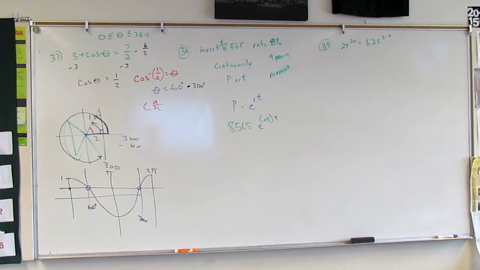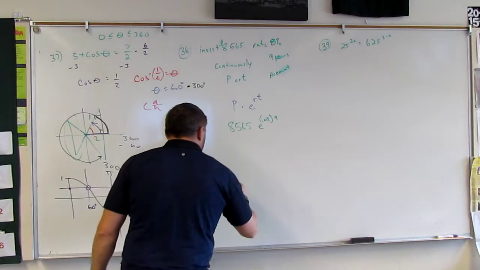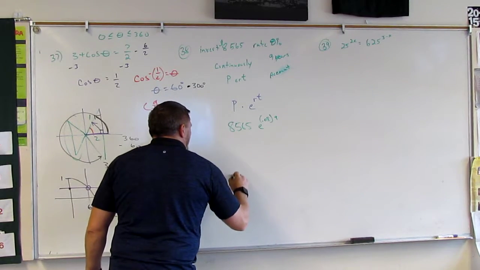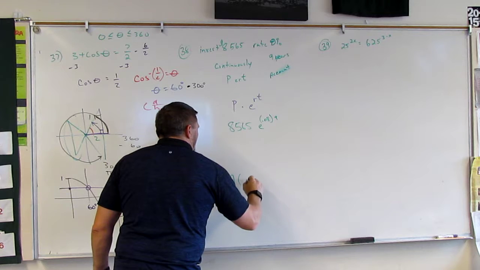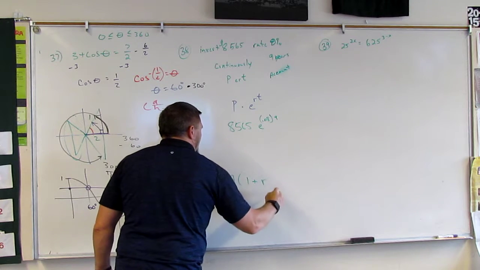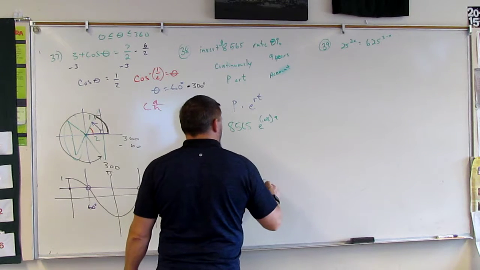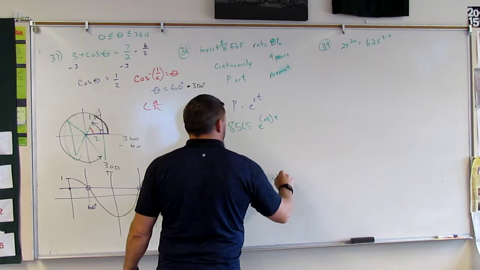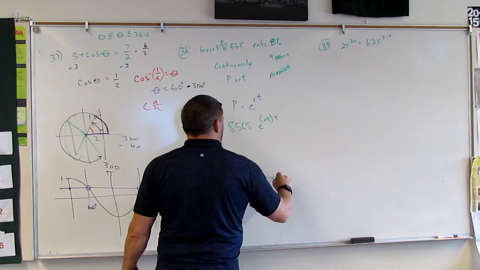Now, if they would have done monthly or quarterly or stuff like that, then we would have had that other formula. Remember that other formula, which was A times 1 plus R over N raised to the NT?